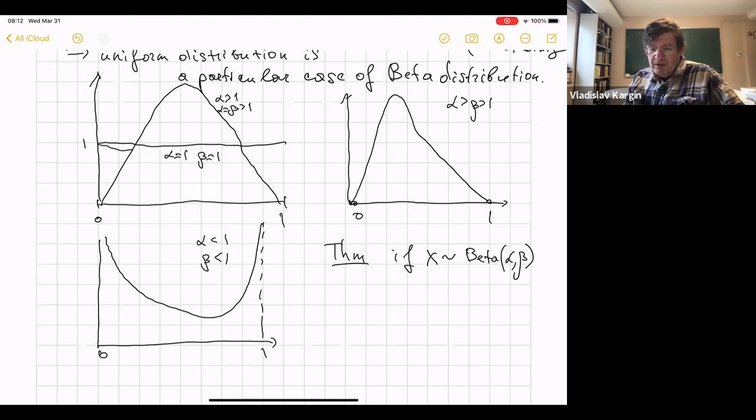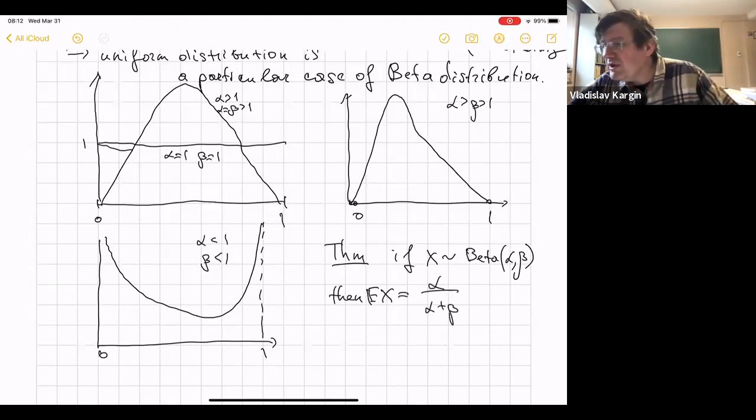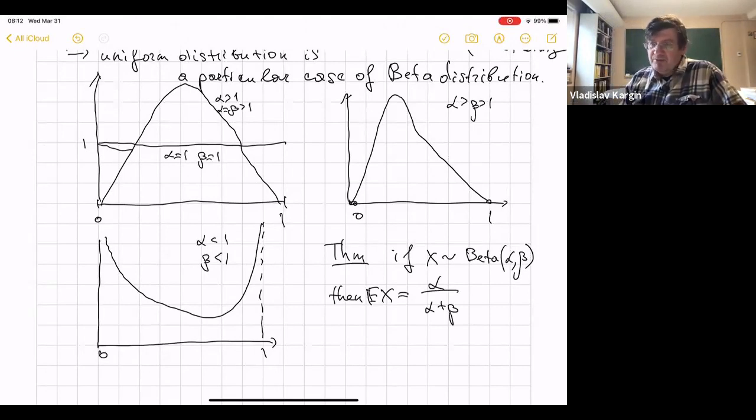So I'm not sure about the case that I drew here. Yeah, this is probably the wrong picture, right? Maybe I should correct this picture. Because this formula shows the expectation of x is equal to alpha divided by alpha plus beta. So if alpha is greater than beta, then the expectation should be greater than 1/2, right?